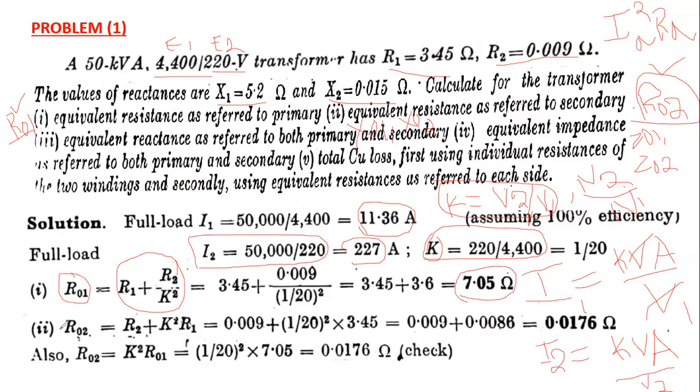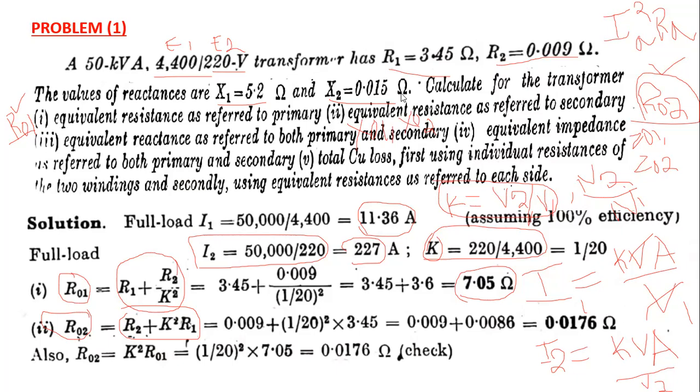Next, we calculate the second part, the equivalent resistance as referred to secondary, that is R02. What is the formula for R02? R02 is equal to R2 plus K square into R1, where K is the transformation ratio, R1 is the resistance of the primary winding and R2 is the resistance of the secondary winding.